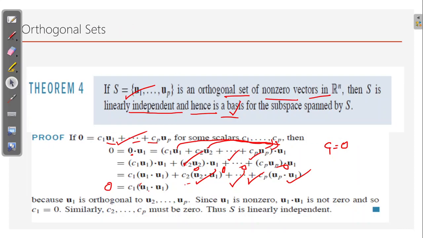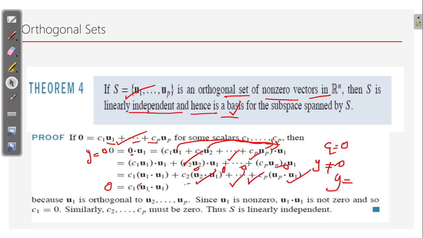In the previous proof we assumed that y is equal to 0, but in this case y is not equal to 0; y is as it is.